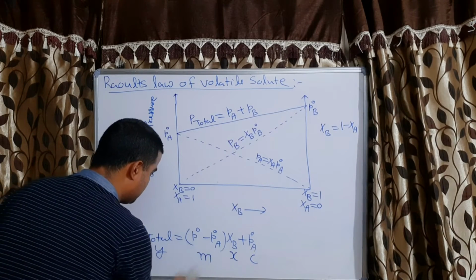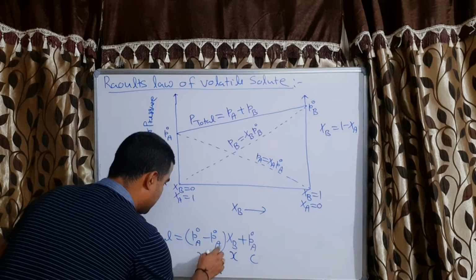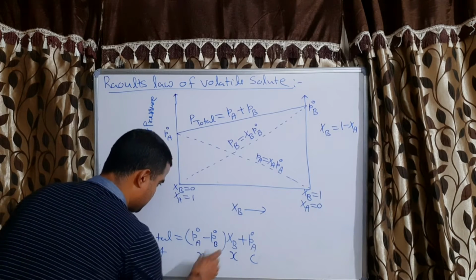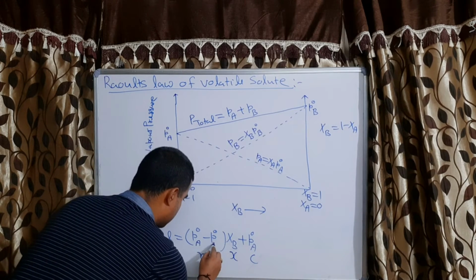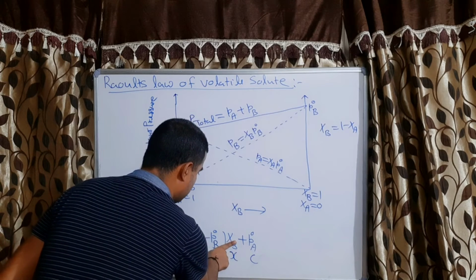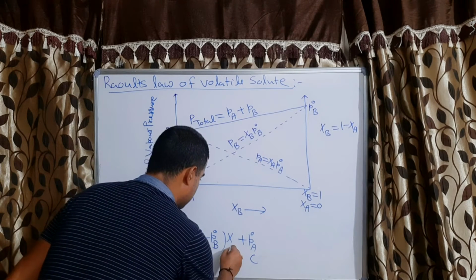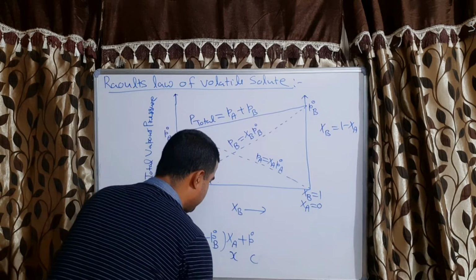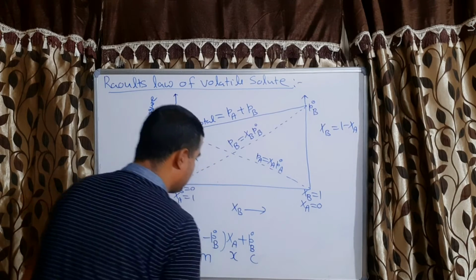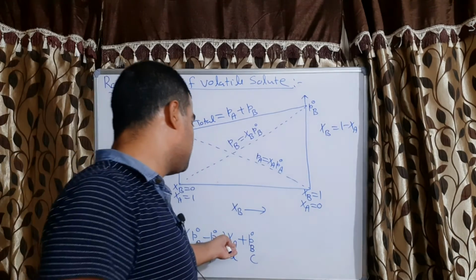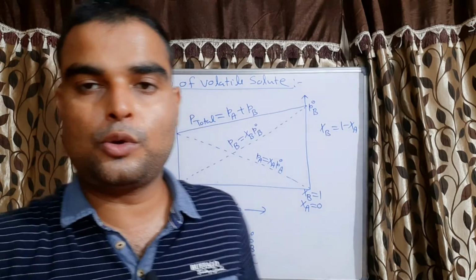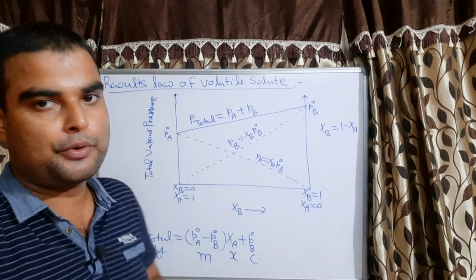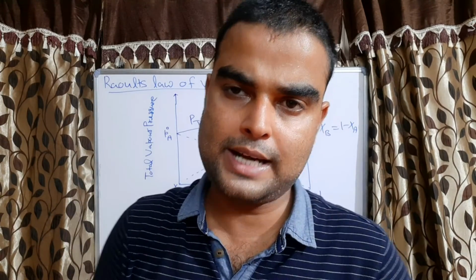Here will be P naught A, and here will be P naught B, and here will be XA, and here will be P naught B, correct? Since we are taking here XA, the volatile solute will be component A here, correct? And component B will be the liquid, correct?